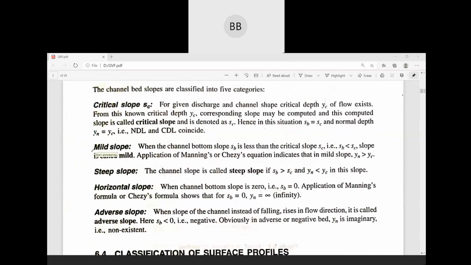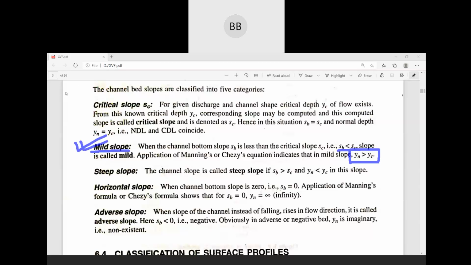You can see here, for mild slope, your SB is less than SC and your YN is greater than YC. If your normal depth line, NDL, is above the critical depth line, YC, then your slope is mild. So now we have identified that the slope is mild.